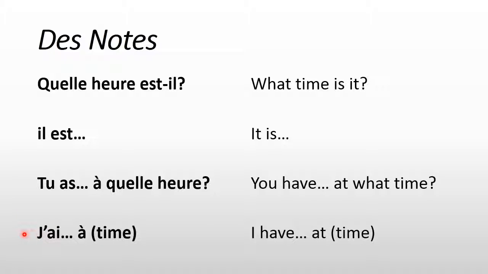Practice giving me your answer. So an answer to tu as français à quelle heure could be j'ai français à 12 heures. J'ai français à 12h15. If you're still having trouble, please go back, listen again, practice repeating.